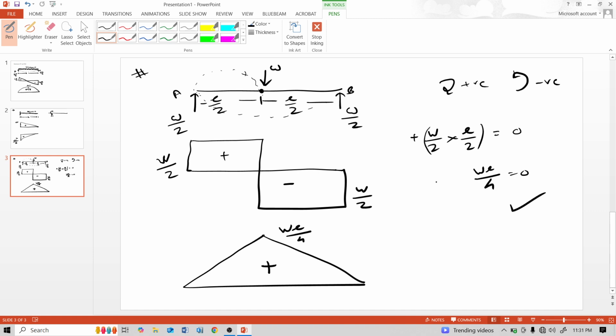So like that way this bending moment is calculated.